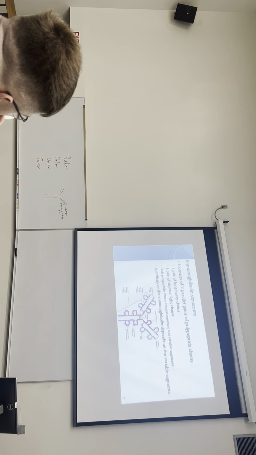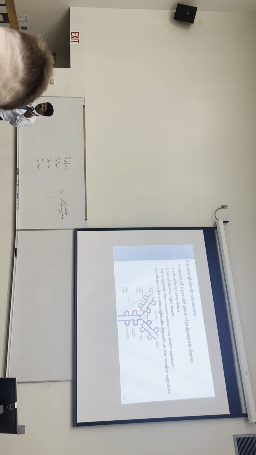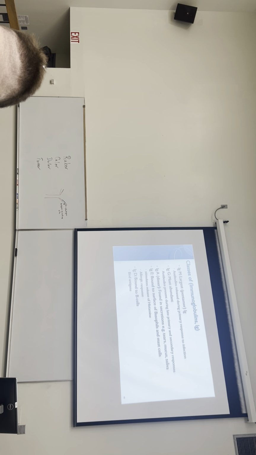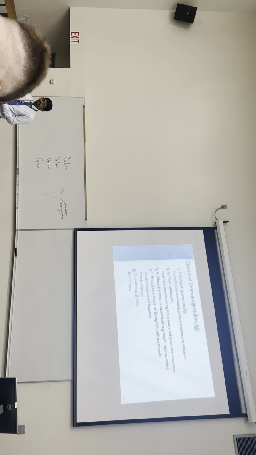So let's talk about the 5 different immunoglobulins. I expect us to be able to name them and also tell me where we can find them. We have 5. We'll start with IgM and IgG because these are the proper antibodies we're talking about. IgM is the first antibody that's produced, while IgG is the late or second response. And the shape is also different. IgM is a pentamer. What does that mean? 5.